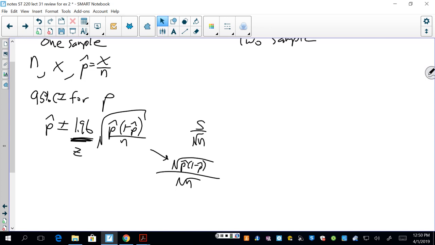So in this particular case of the binomial experiments, we don't have an s, we don't have standard deviation measurements. They're all 0, 1, success or failure. But the formula works out to be like that. So the square root of sample size affects accuracy just like in both cases.